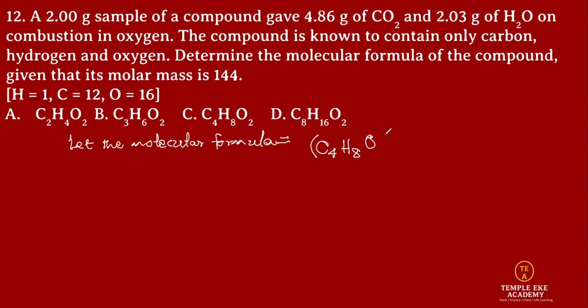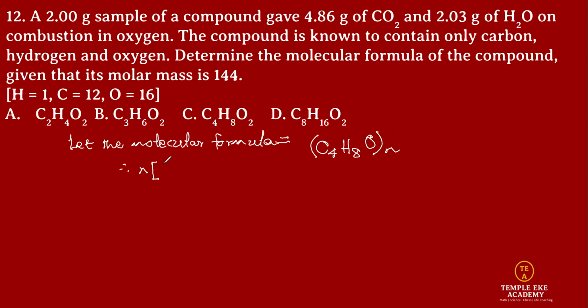And now multiply by N, an integer multiple of the empirical formula. And therefore, we can calculate the molar mass. To calculate this molar mass, N is multiplying every atom present. So we can have that N out there and then go on with the calculation.